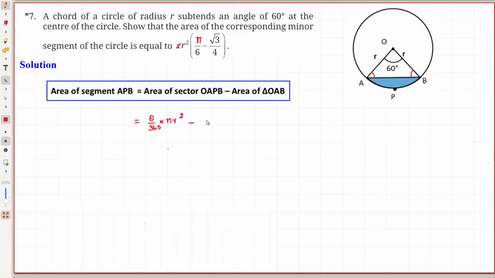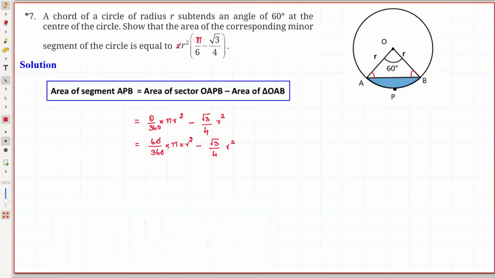The equilateral triangle formula is root 3 by 4 side square, and the side is nothing but r, so root 3 by 4 r square. Now substitute the values. Theta value is 60, so 60 by 360 into pi, which we keep as it is, into r square, minus root 3 by 4 r square.